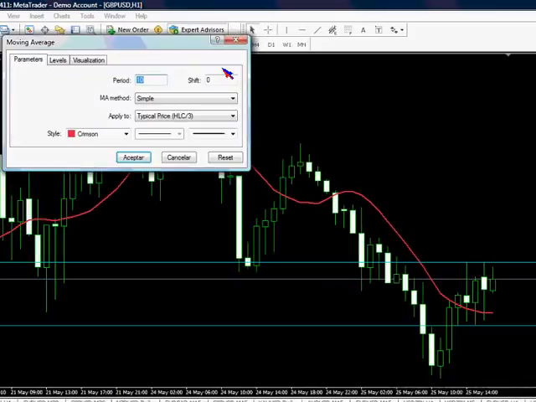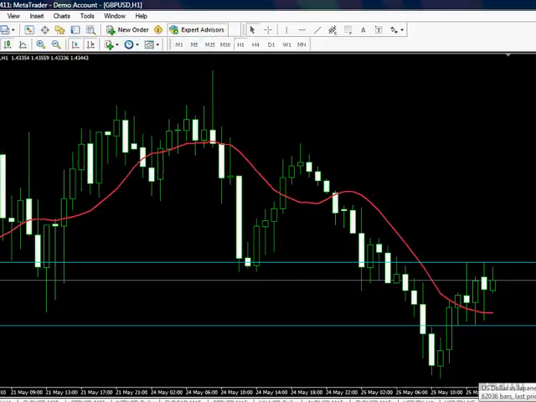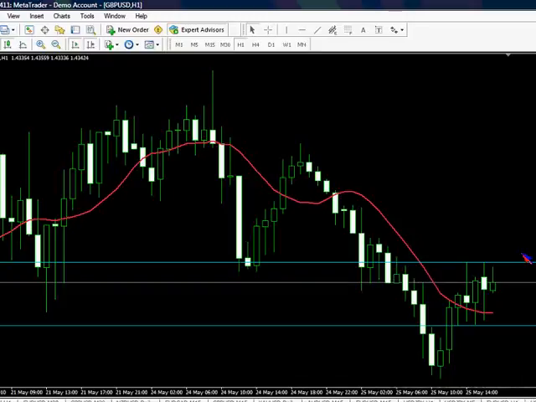It's not applied to open or close, it's just the typical price. So that will be my filter, either to buy or to sell. If I'm going to buy, I will do it above this level. If the pair reaches 43.61, I will be buying the pair.